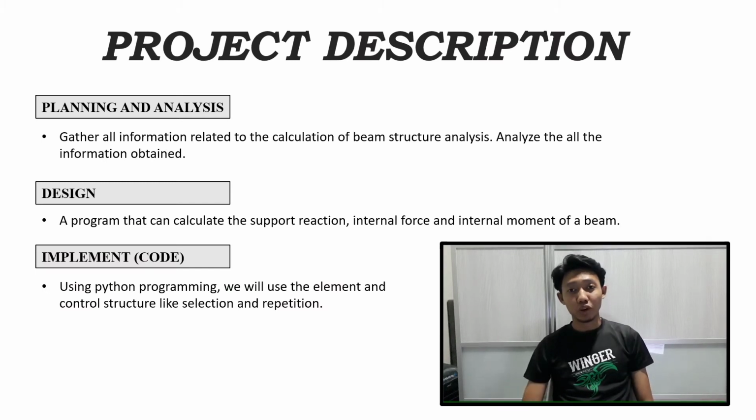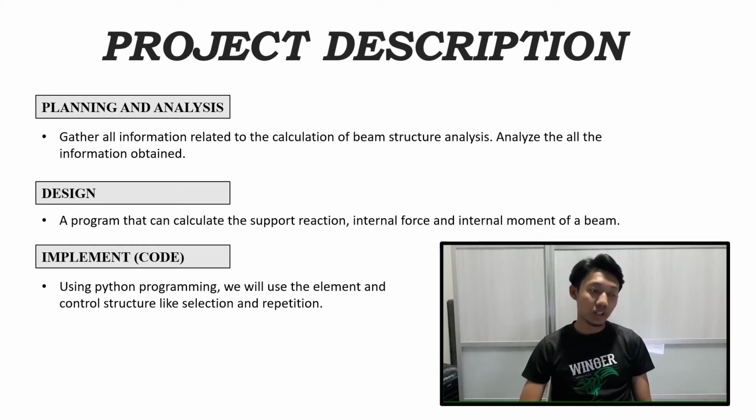To create this program, first of all, we need to plan and analyze. This means that we need to gather all the information related to the calculation of beams and analyze all the information obtained. We need to study what equations to use to calculate the reaction at the support, the internal moment and the internal force.